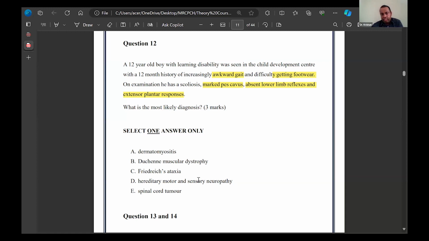Pes cavus. Right. So dermatomyositis. So answer is that. So why the other answers are not correct is the question. Dermatomyositis, as the name says, there is an inflammation in dermato, that's the skin, and myo is muscles, right?